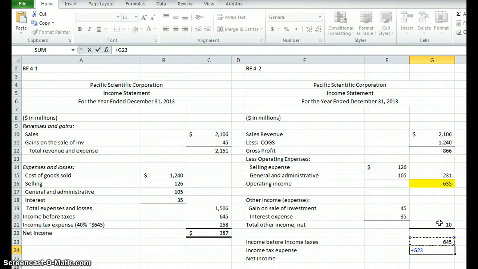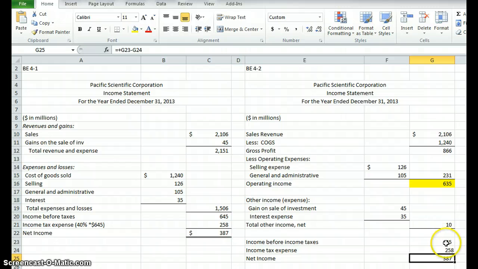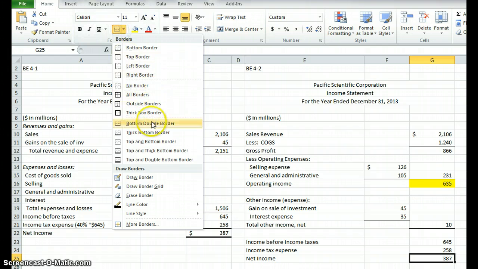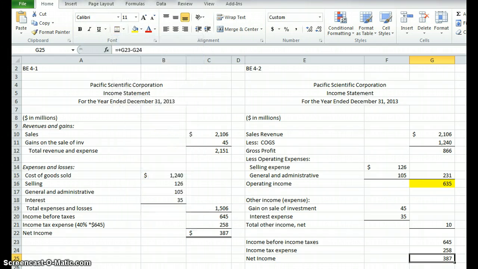My tax rate is still 40%, so $645,000 times 40%, and my net income is going to be $645,000 minus income tax expense of $258,000, and I'm going to have a net income of $387,000.